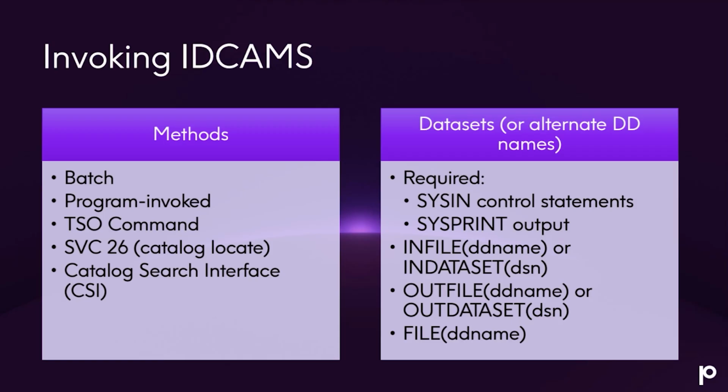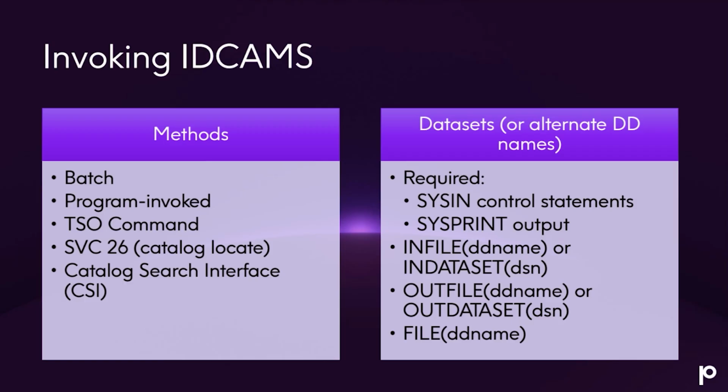If we're going to create something, or if we're doing a copy, we'll usually need an input and an output data set. Those are usually referenced by INFILE or INDATASET, depending on whether we want to specify the DD name or the data set name: an INFILE or INDATASET, an OUTFILE or OUTDATASET. And then, confusingly, for some functions there's also a FILE parameter as opposed to INFILE or OUTFILE.